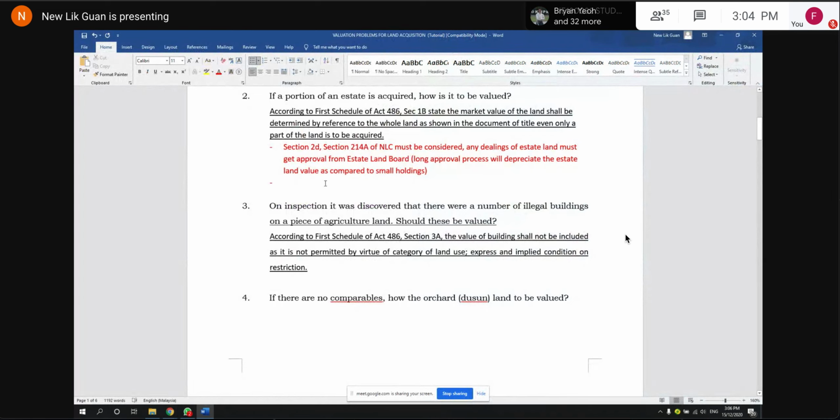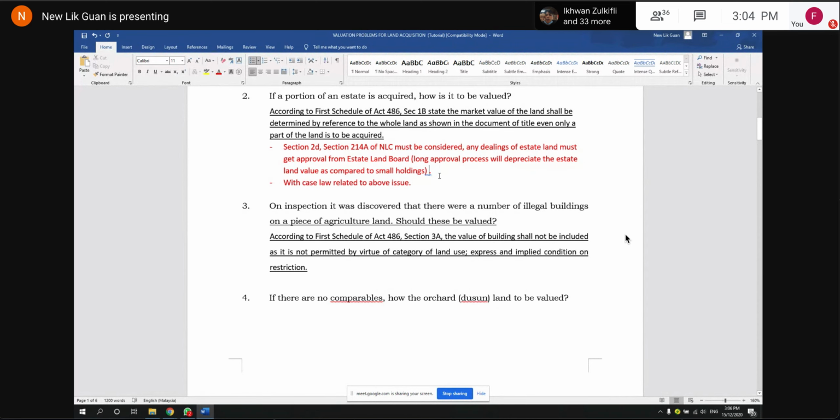Case law, yes. You just put in case law. Land reference cases. Okay. With the above issue, an example of case law.